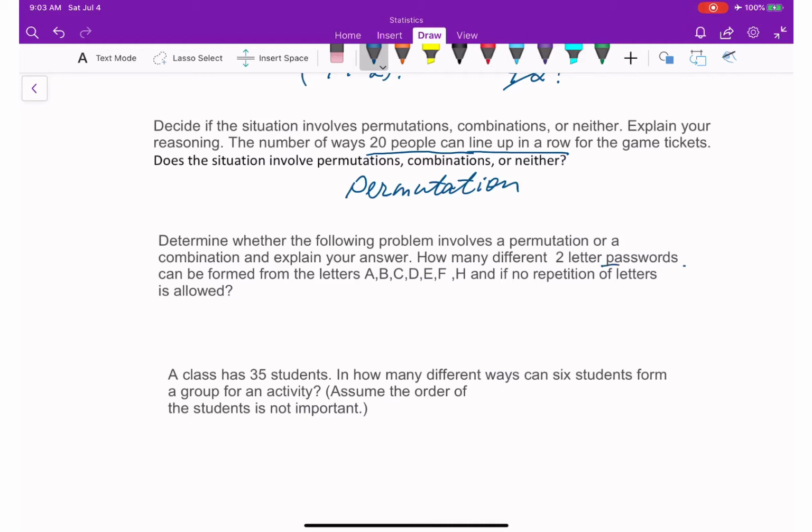When you have a password, can you mix up letters? Let's say you have AF, and if you type FA, will it work? No, of course it's not going to work. So if it's a password, that says everything. You have to go in the same order you created your password, which means it's going to be what? Permutation.